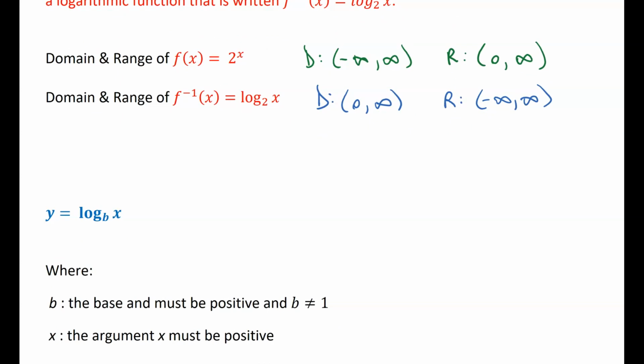That base has to be positive, and it cannot be equal to 1. And then the x in the logarithm is called the argument of the logarithm, and that term has to be positive.